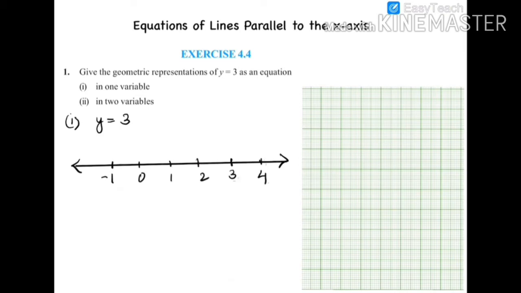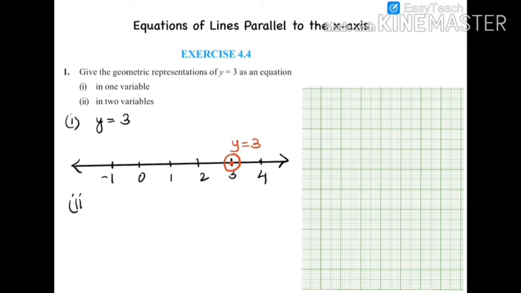See that you mark these numbers at equal distance using your scale. So y equal to 3 is a point on the number line over here. This is how we can represent this equation in one variable on the number line.